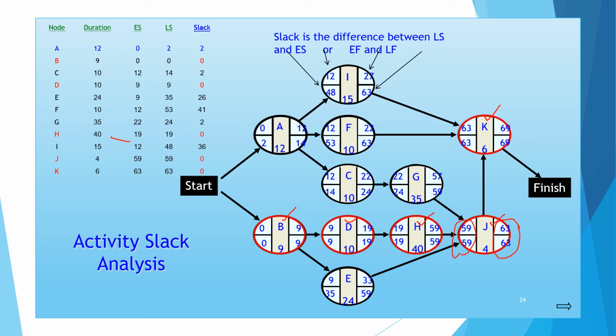See here, 69 minus 69 is 0, 63 minus 63 is 0. So here we have B, slack is 0, D, slack is 0, H, slack is 0, J, the slack is 0, and K, the slack is 0.